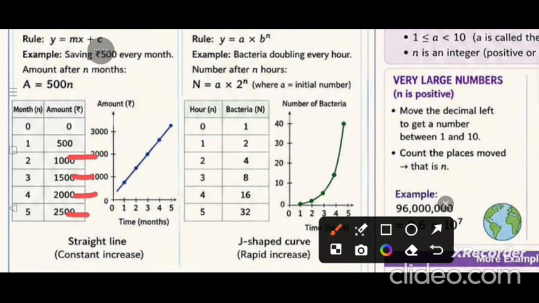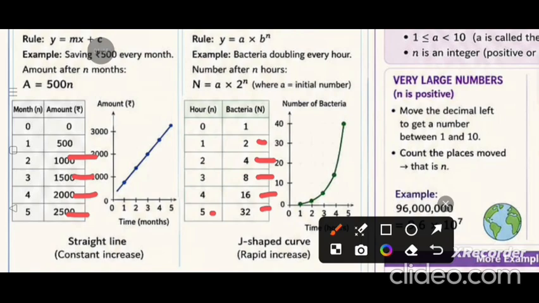And if we look at the exponential growth, that is bacteria doubling every hour. So at 0 hour, when it gets started, bacteria was 1. Then after 1 hour, it becomes 1 multiplied by 2, it becomes 2. Second hour, 2 multiplied by 2, it becomes 4. Third hour, 4 doubled is 8. Fourth hour, it becomes 16. Fifth hour, it becomes 32.